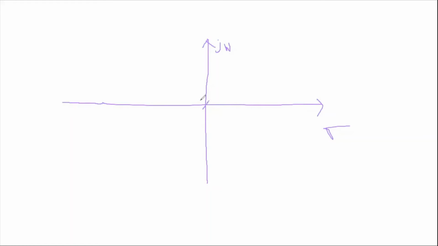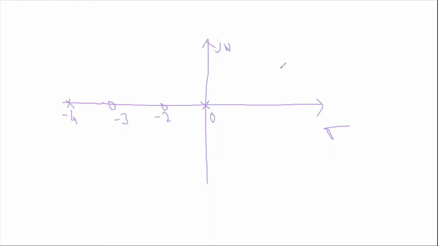Don't write anything. We have two poles at 0 and minus 4. We have two zeros at minus 2 and minus 3. There is no complex pole and no complex zero.